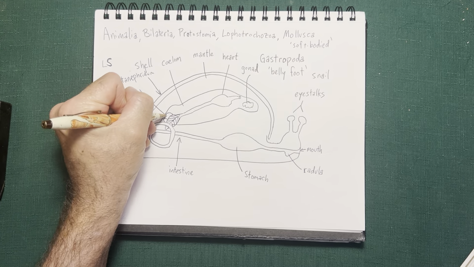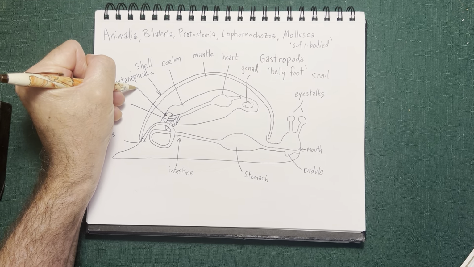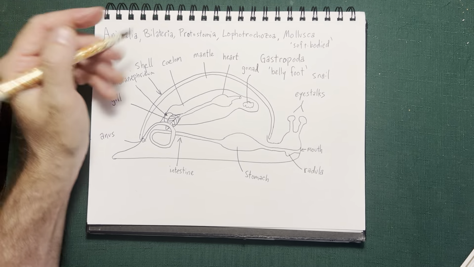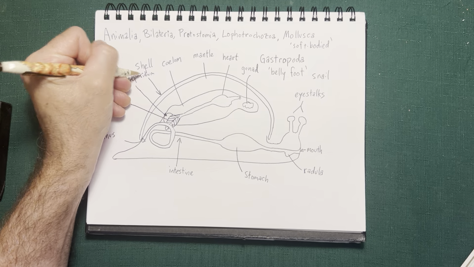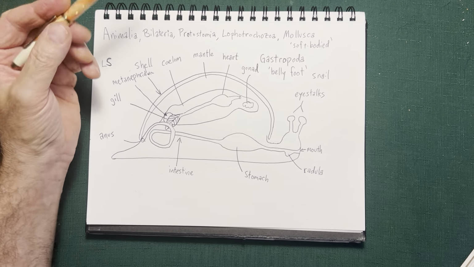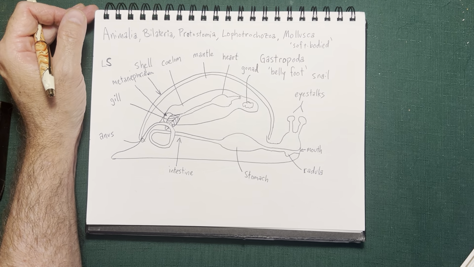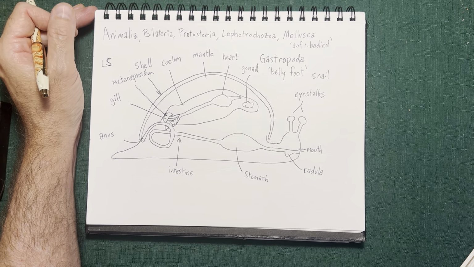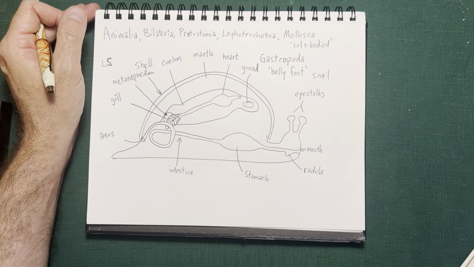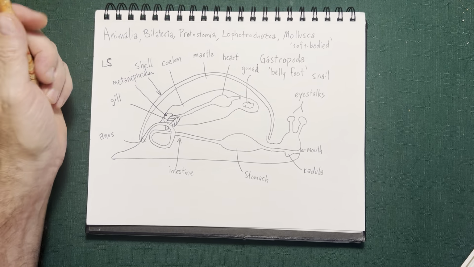This structure here is the metanephridium, similar to what we saw in the earthworm. This animal needs to filter out metabolic wastes and get rid of them. So the metanephridium is what accomplishes that. It removes metabolic wastes from that fluid that's pumping through here, which is called hemolymph.